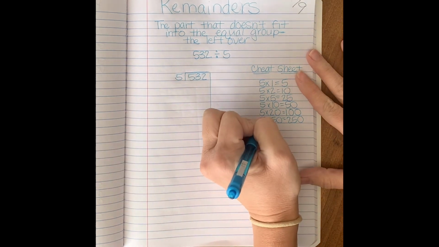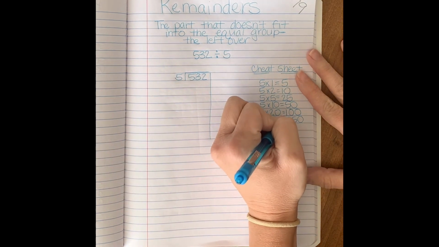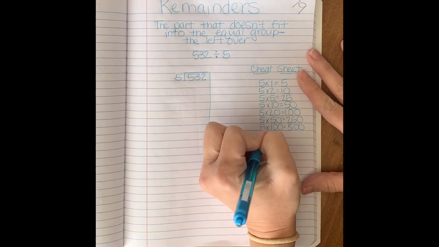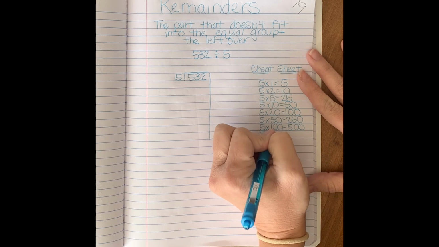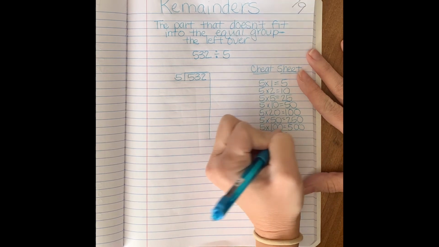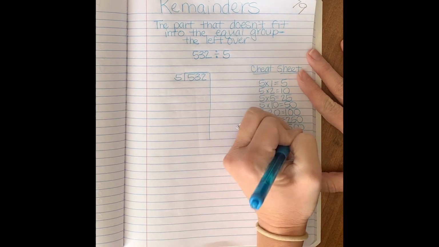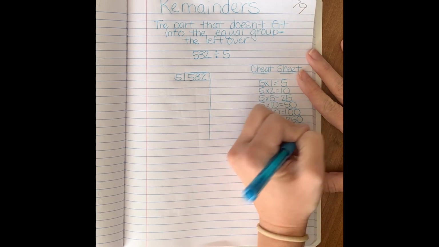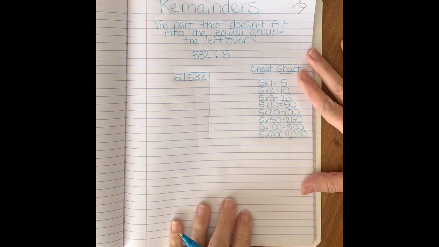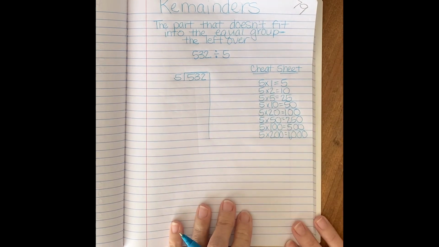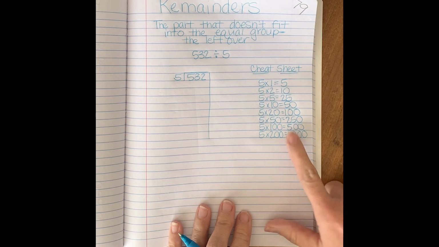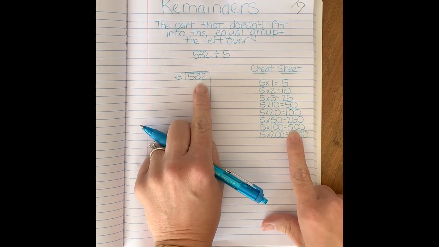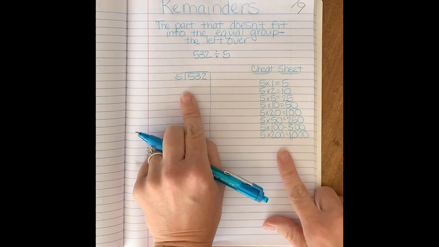I'm going to do 5 times 100 equals 500. And 5 times 200 equals, I know 5 times 2 is 10, and we have 2 powers of 10. I can stop now. The reason I didn't stop right here is 532 is greater than 500. So we needed to keep going.